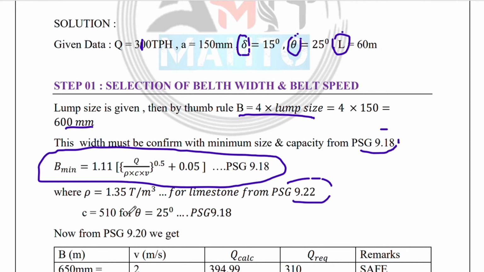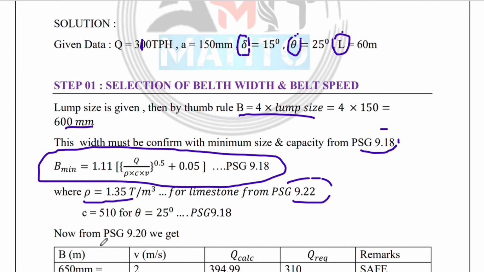From the material column find where the limestone is, and see the value given for density. It has the range 1.2 to 1.5, so we have selected 1.35 density.